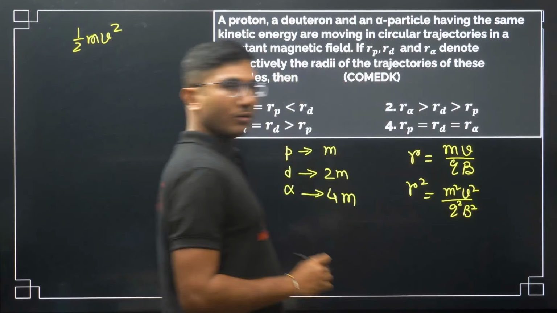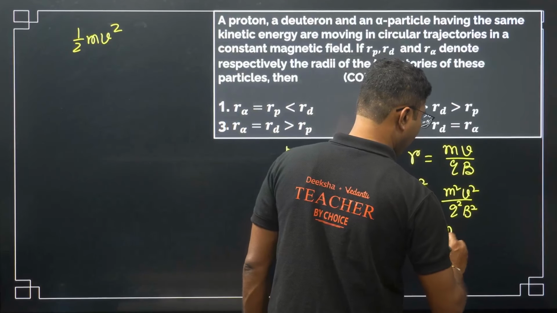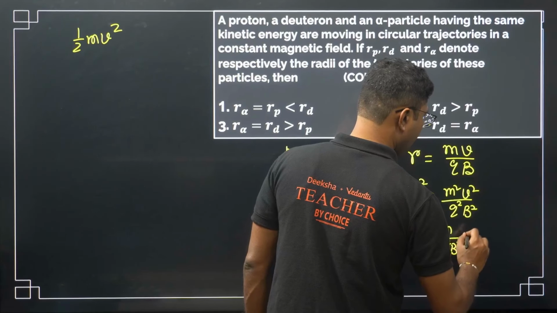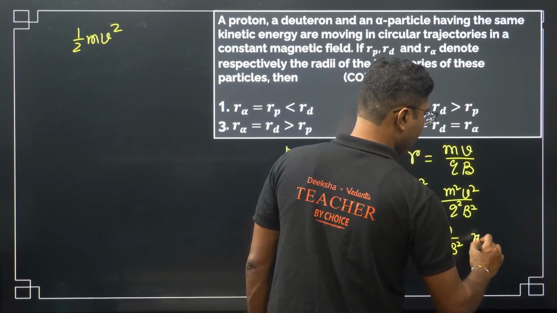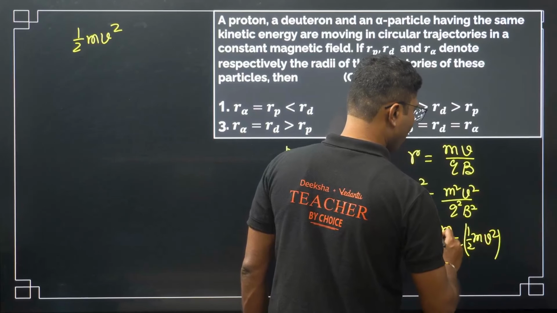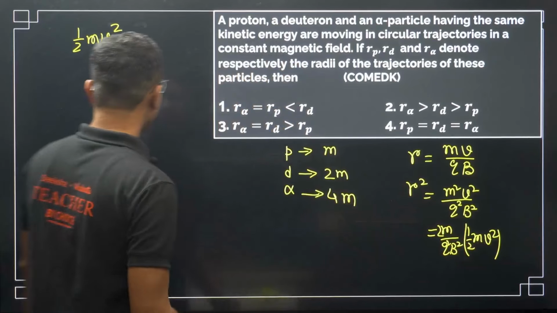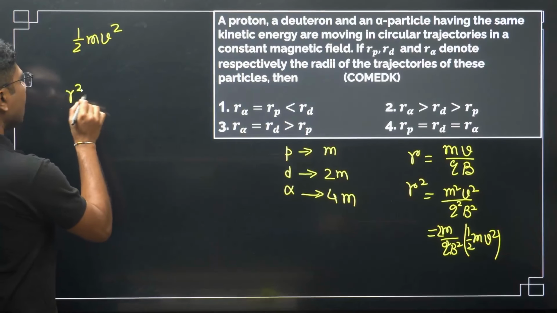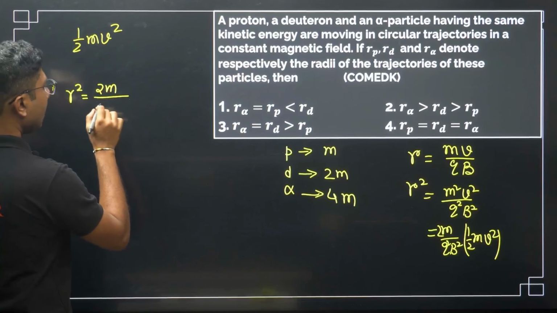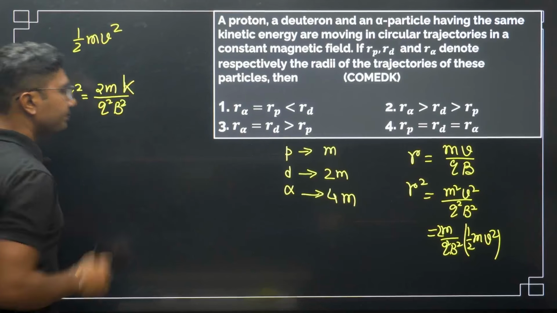This is the starting point, and from here we will multiply and divide by 2 to get half m v square, which is kinetic energy. So from here we can write r square equals 2m by q square b square into kinetic energy K.